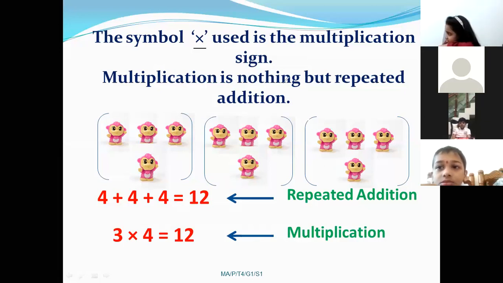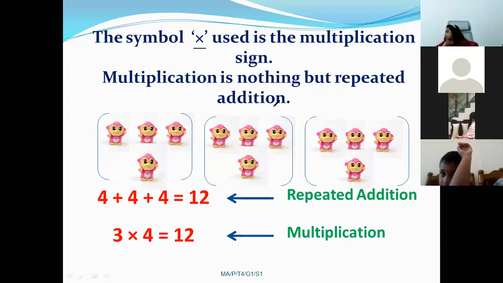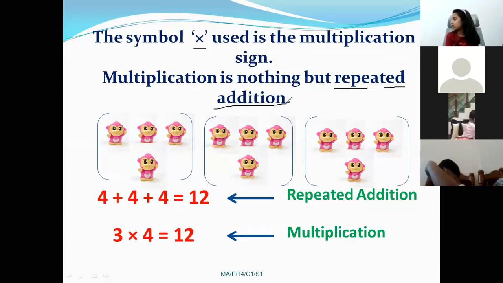Multiplication is nothing but repeated addition. Multiplication is what? Multiplication is repeated addition. Okay. And what do you mean by repeated addition? Repeated addition means when you repeat the same number again and again with a plus sign.